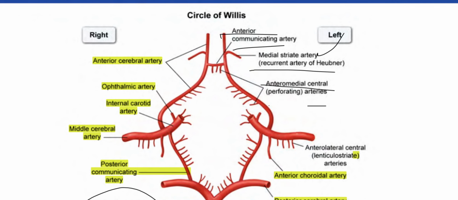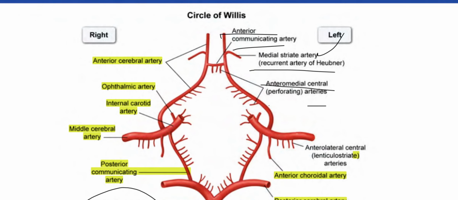First, remember these things. The internal carotid artery leads to the middle cerebral artery and the anterior cerebral artery. The two anterior cerebral arteries communicate with each other through the anterior communicating artery, right?